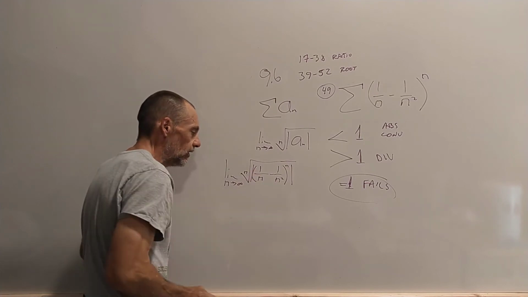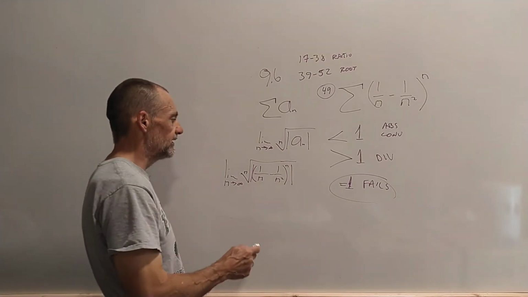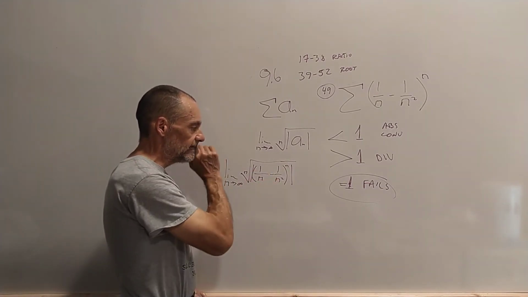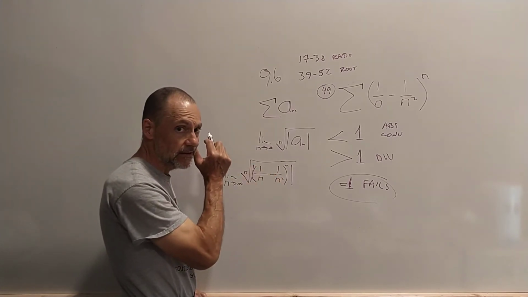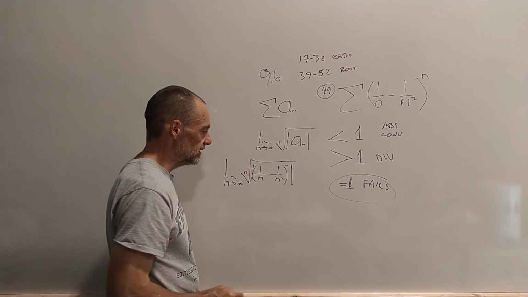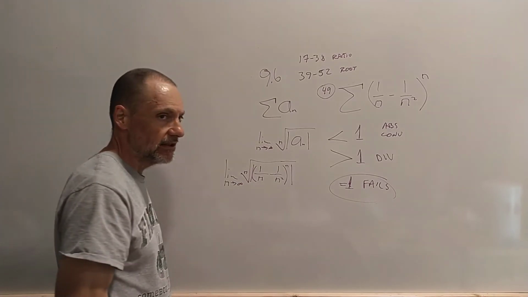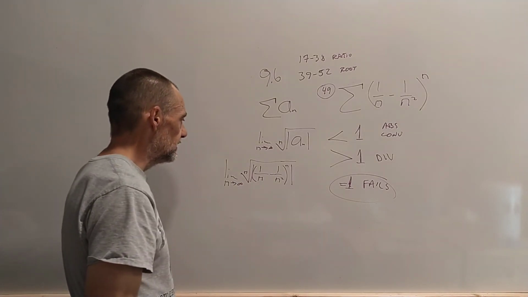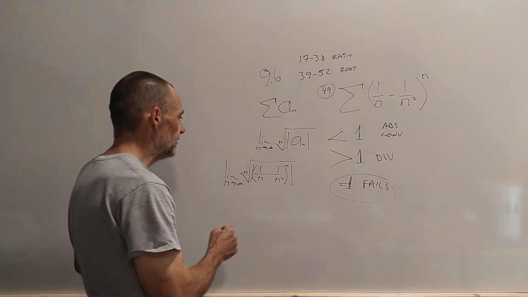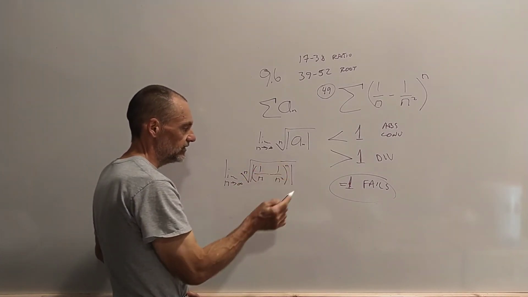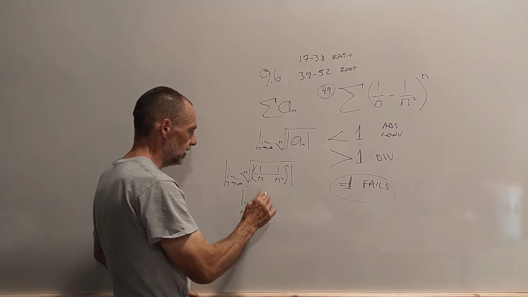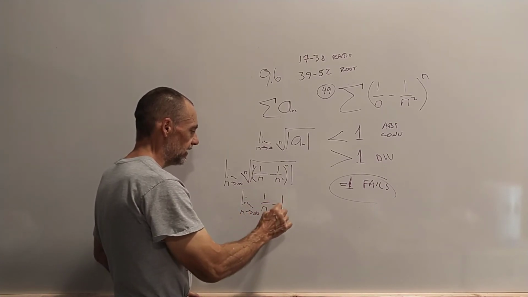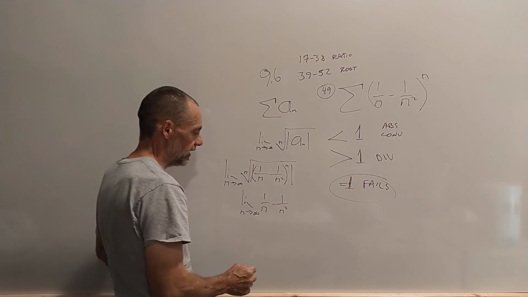Now, 1 over n is always positive, and 1 over n squared is always going to be less than 1 over n, okay? So this thing is positive, so we don't need the absolute value in this case. But anyway, the nth root gets rid of the exponent, and we end up with the limit as n approaches infinity of 1 over n minus 1 over n squared, okay?